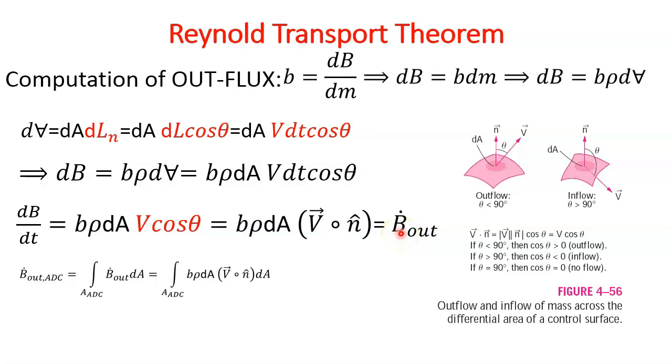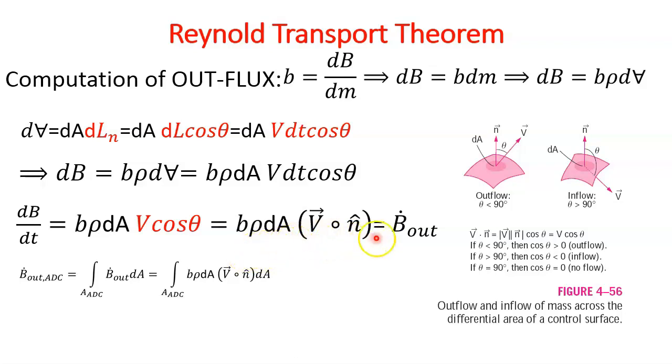Now this outflow we have considered for an infinitesimally small area dA, and now we are interested in finding it for the complete portion ADC that we have referred to in the earlier diagram. To do so, we need to integrate this equation.